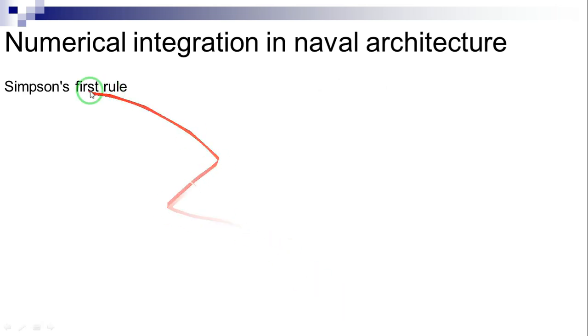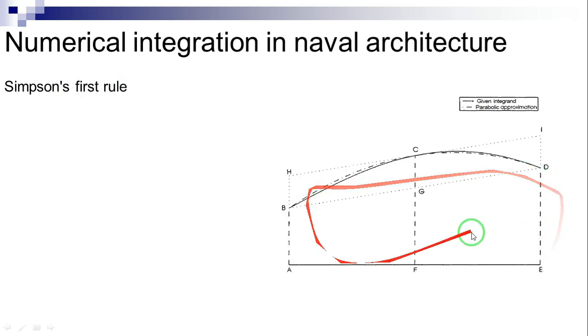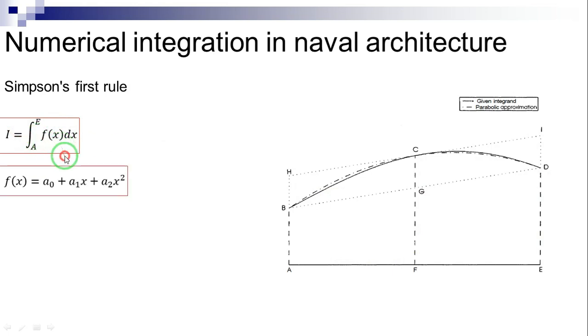Simpson's first rule. This time, to compute the integral of the function f(x) between x equals a and x equals e, as shown in this figure and this equation, the function f(x) is approximated as a second order parabola or polynomial of degree 2, as we can see here.